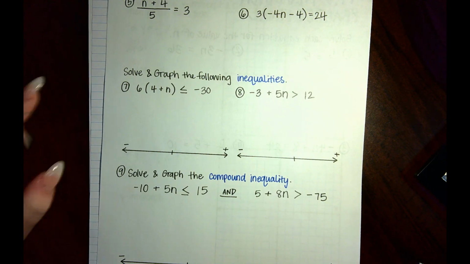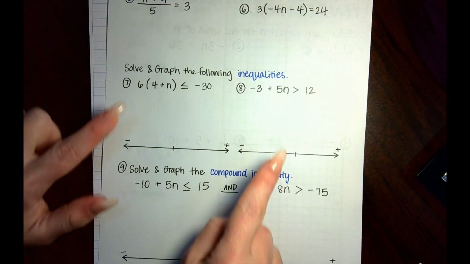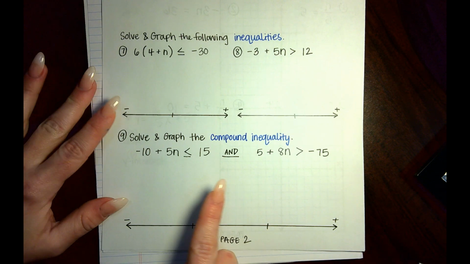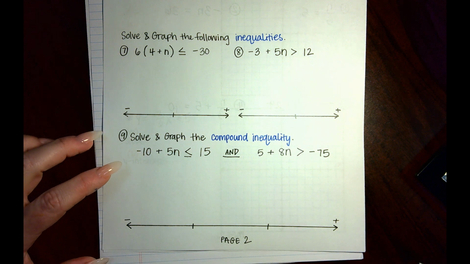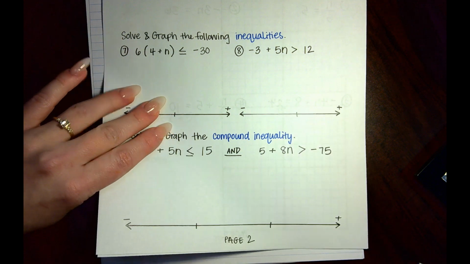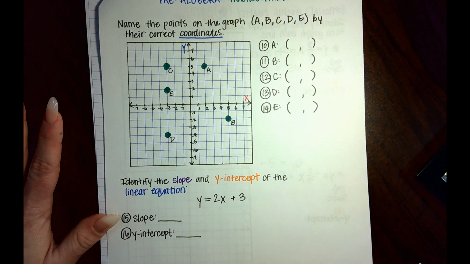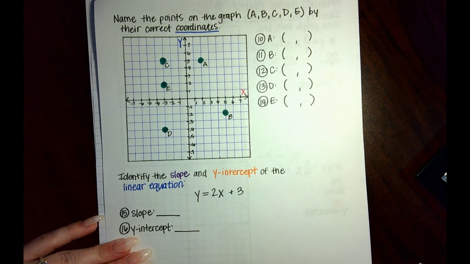Moving on, you will have 2 inequalities that you will solve and graph. And then you will have a compound inequality that you will solve and graph. That's on page 2. Now page 3, this is the last page, and this is the new stuff we have not gotten a chance to talk about. So we're going to talk about this a little bit this week.